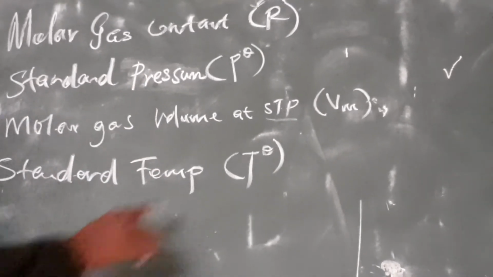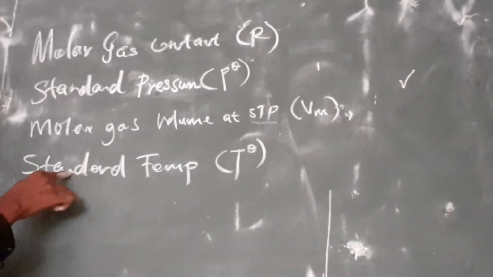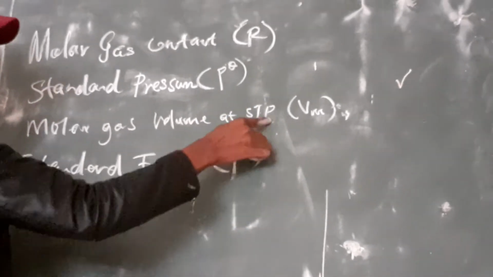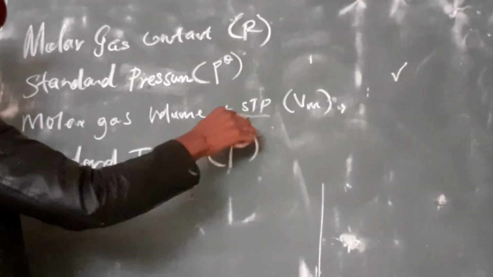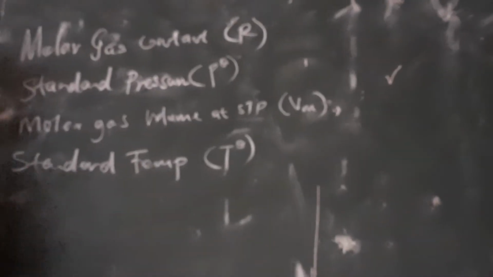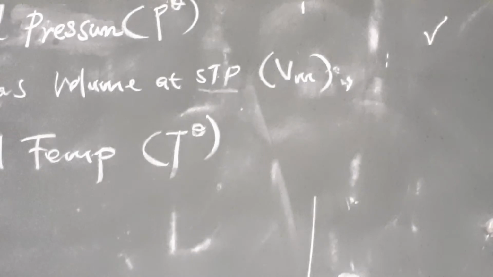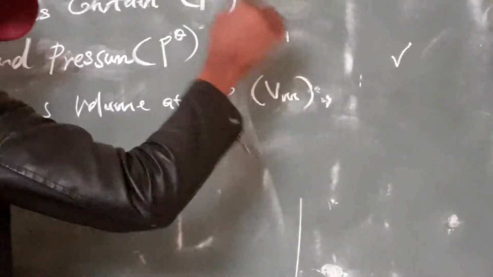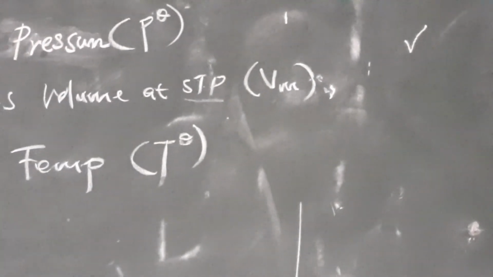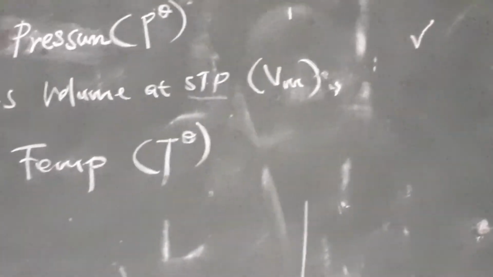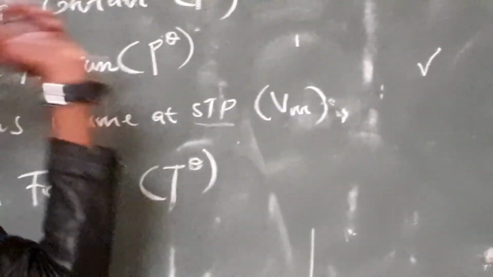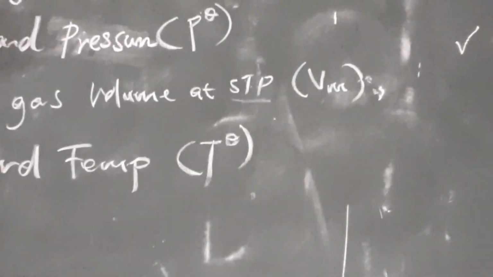You have the magnitude of this pressure, the magnitude of the temperature, and the volume, which is denoted by 22.4 decimeter cubed per mole.